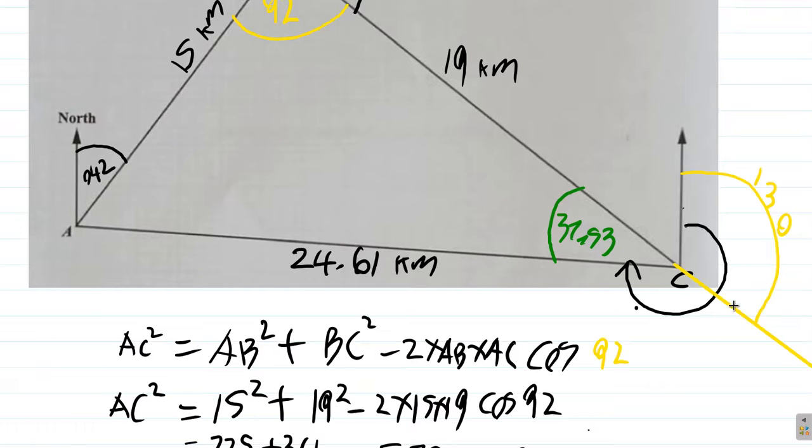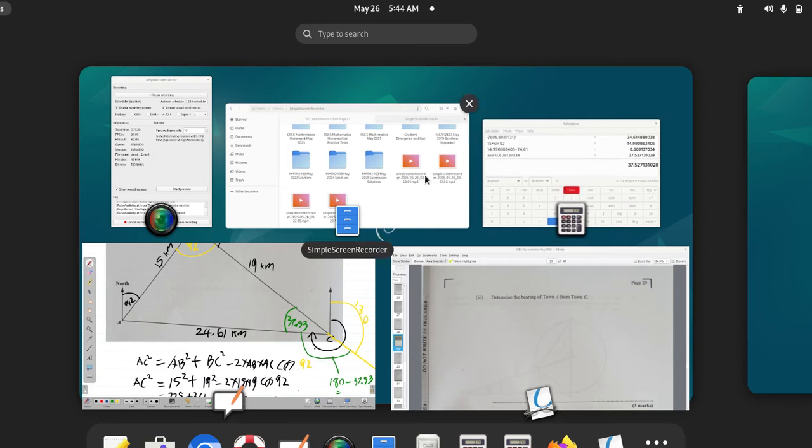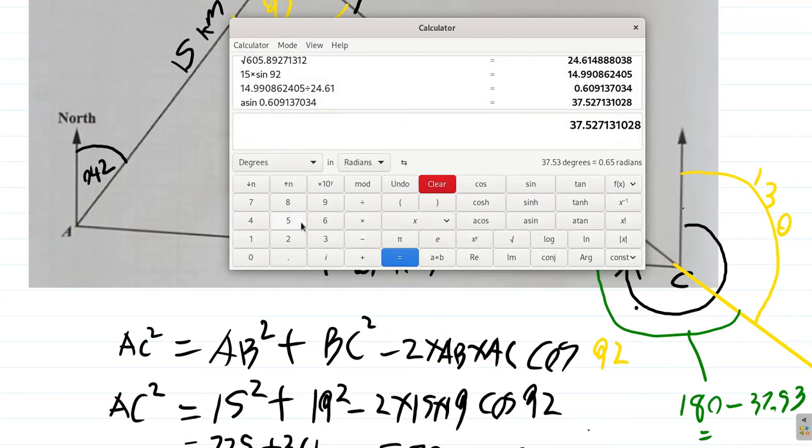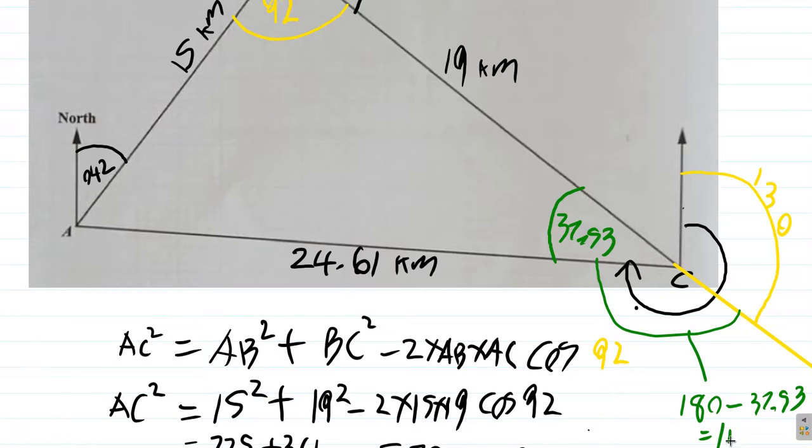Now here, all of this is 180, you know. So if we drop 37.53 from 180, this angle will be 180 minus 37.53 equals what? 142.47.